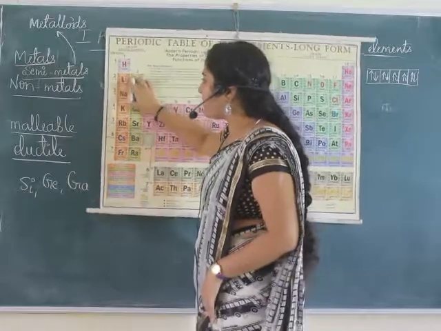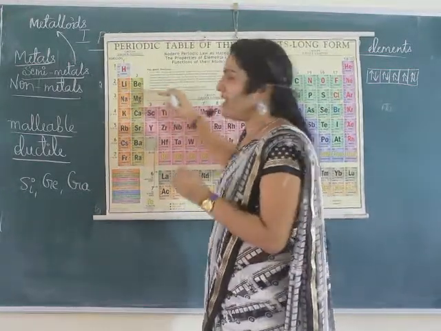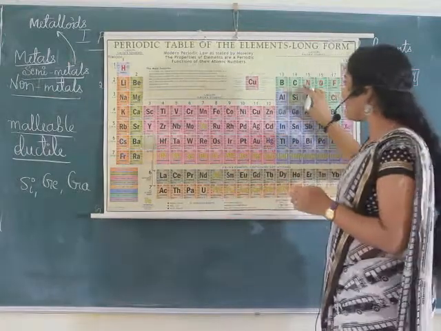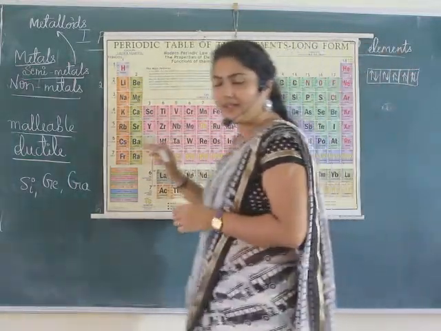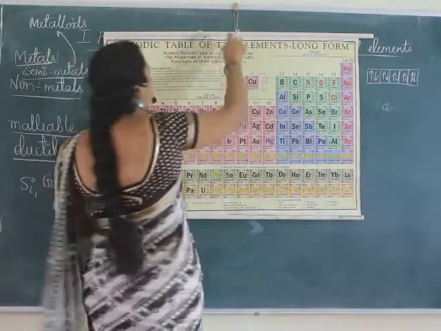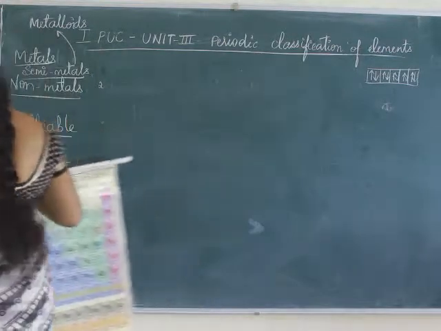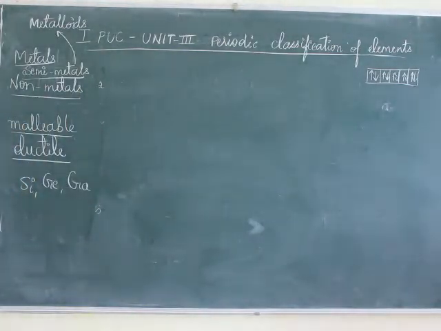Lithium will have a larger size. Beryllium, smaller size. Boron, again smaller, you can see. The reason I will explain why. And what is atomic radius again? We shall understand about it. Now it's not easy to explain the size of an atom.